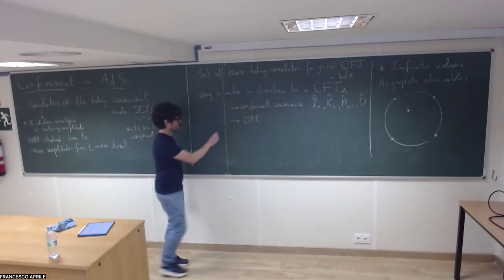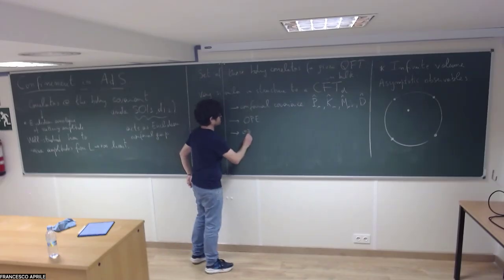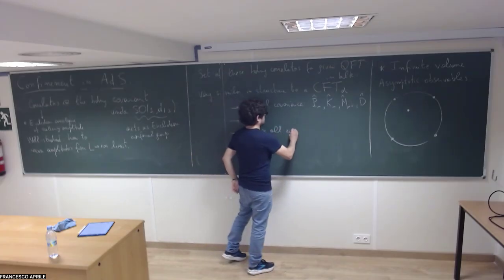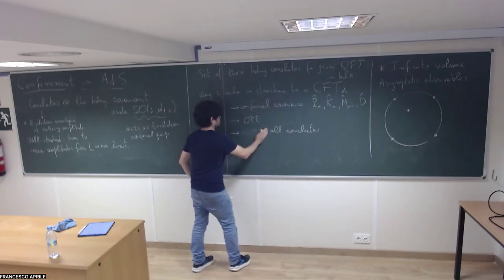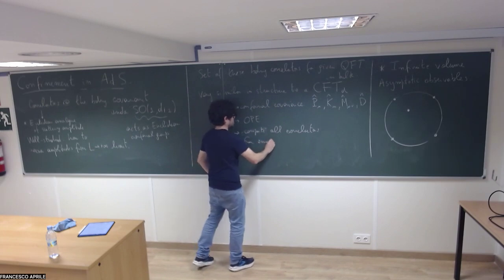And this means, as a consequence of the existence of the OPE, that we can, in principle, compute all correlators from a small amount of data.